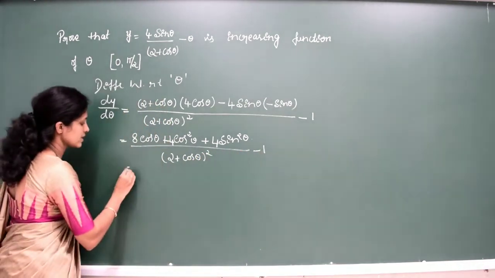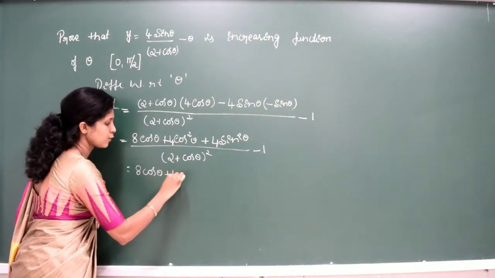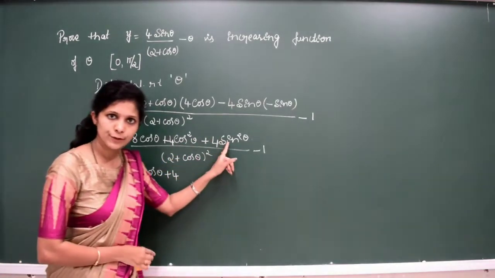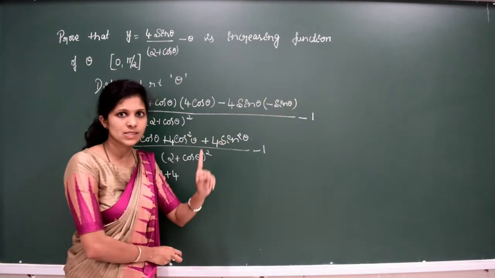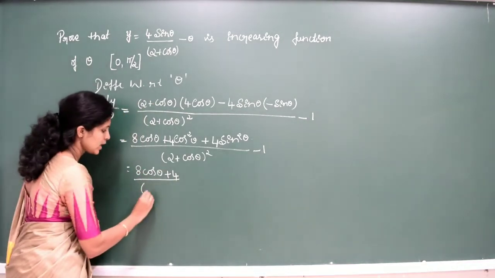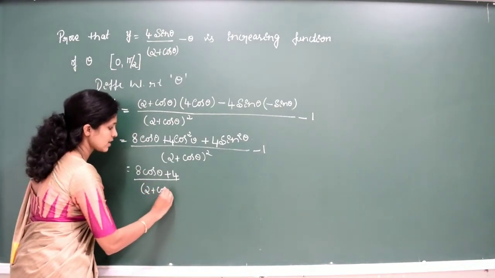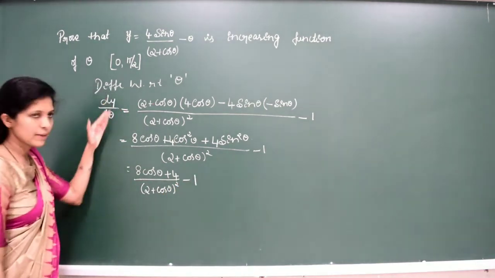Now here you can see this is equal to 8 cos theta plus 4. I can take 4 common. If you take 4 common, what is remaining? Cos square theta plus sin square theta. It will be equal to what? Right? Plus 4 divided by (2 plus cos theta) whole square minus 1.